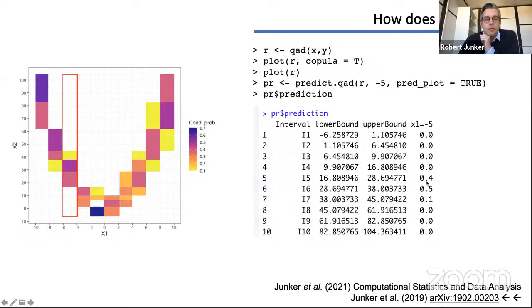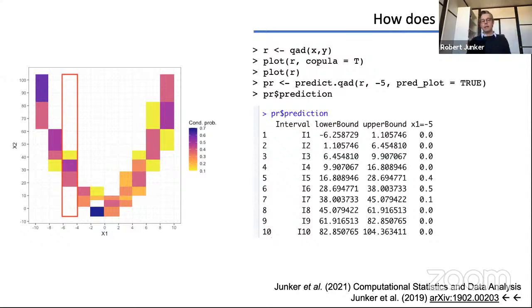So we get the information that with a chance of 40%, X2 is in between 16.8 and 28.7, which is shown here, given that X1 is -5. With a chance of 50%, X2 is in between 28.7 and 38, and with a chance of 10%, it is between 38 and 45. And this is now informing very precisely about X2 given the knowledge of X1.